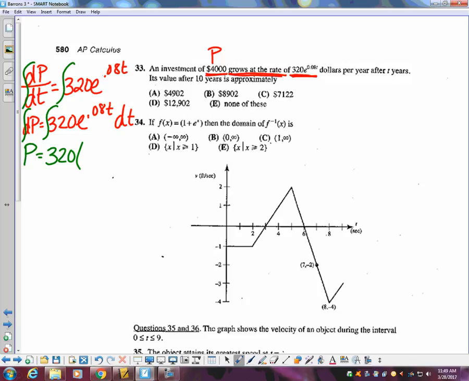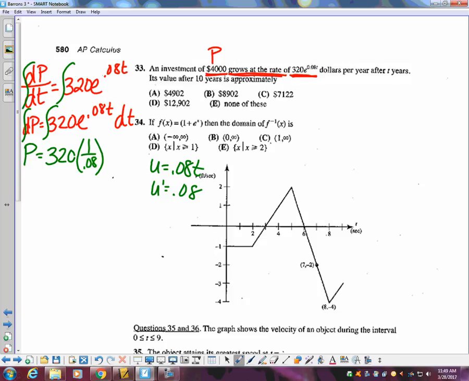When you take the integral, that part stays the same, but you do have to multiply it. No, no, I'm thinking derivative. All right, back up. We have to use substitution. If u is 0.08t, u prime is 0.08. So I need a 0.08, so I have to give it a 1 over 0.08 to compensate. So now I have e to the u times u prime.